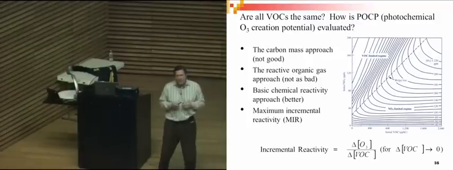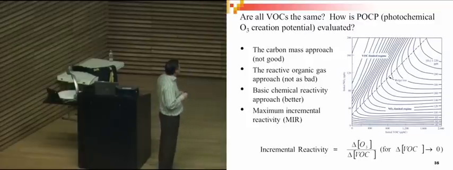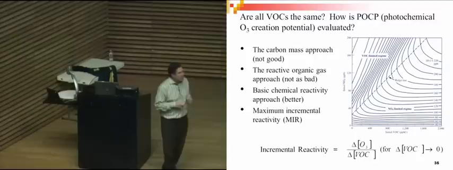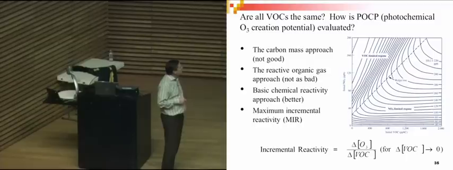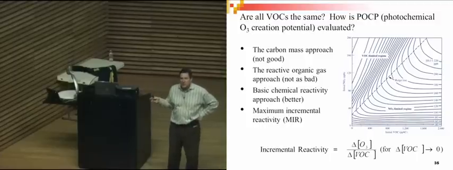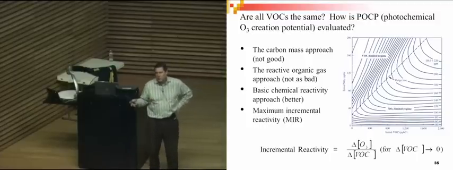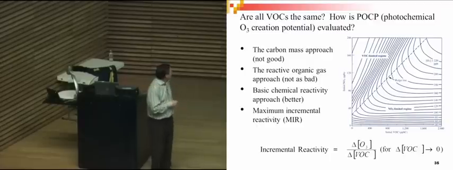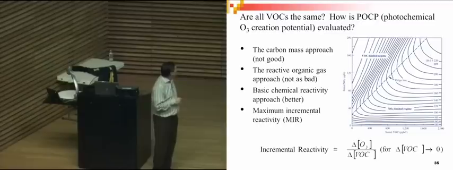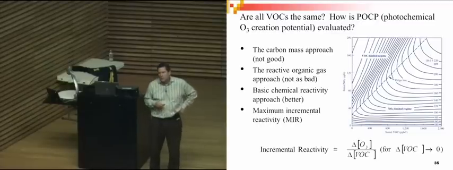But the best methodology out there now looks at maximum incremental reactivity. This ratio looks at the amount of ozone produced for a given change in VOC concentrations. Not all VOCs are created alike. Some will be responsible for greater ozone production than others, and we have an opportunity to look at that through this maximum incremental reactivity value.